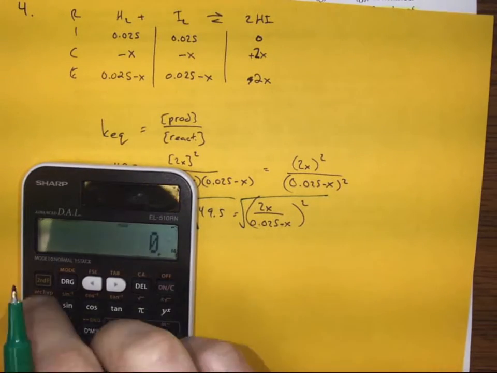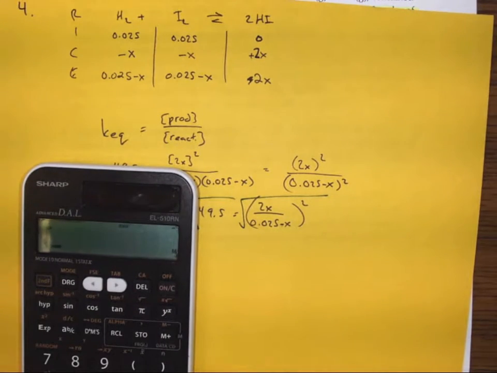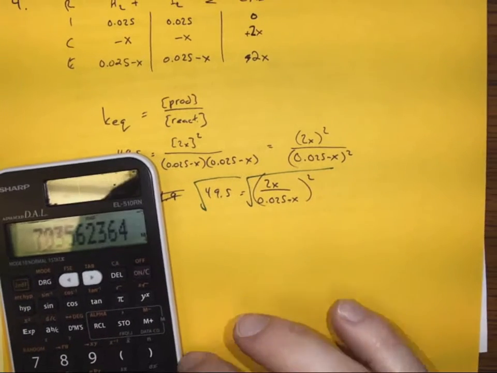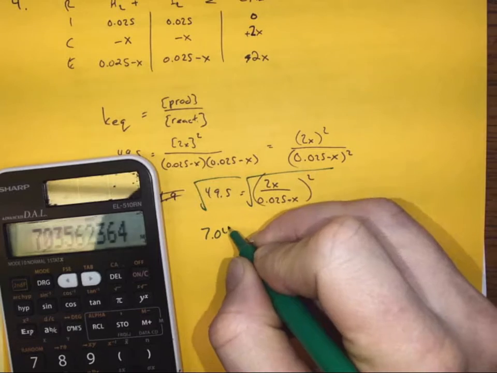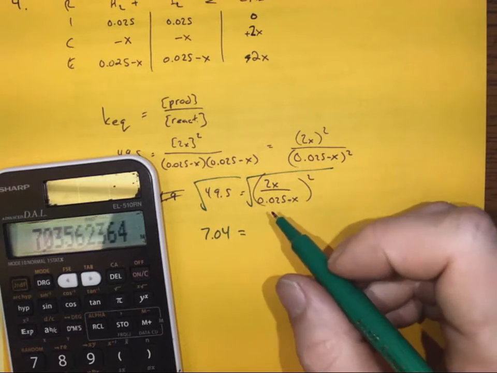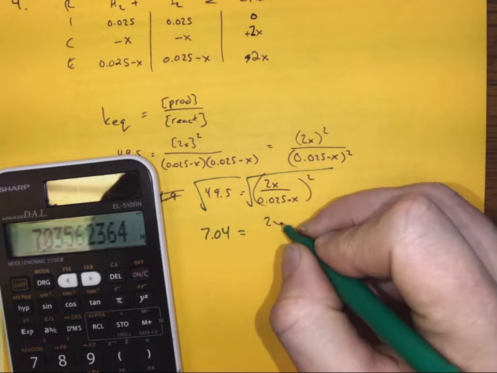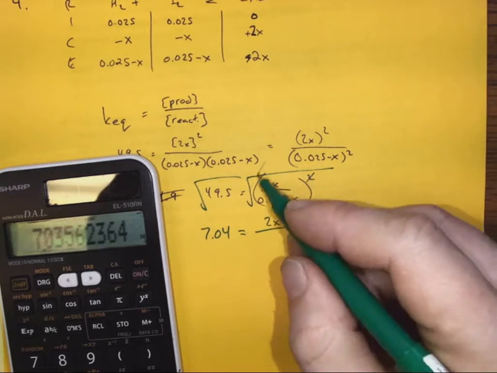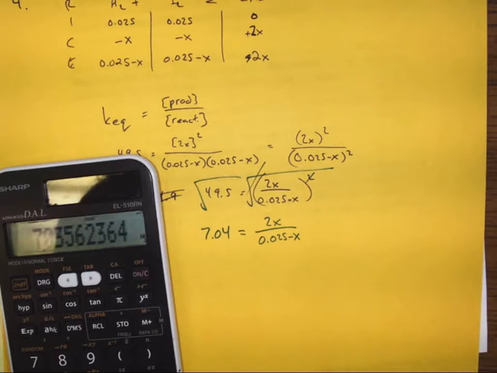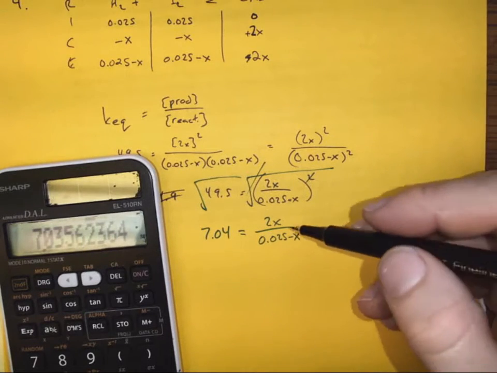So the square root of 49.5 has got to be a little bit over 7, because the square root of 49 is 7. It's 7.04. And that's equal to 2X over 0.025 take away X. Huh, okay, that's a solvable problem now.